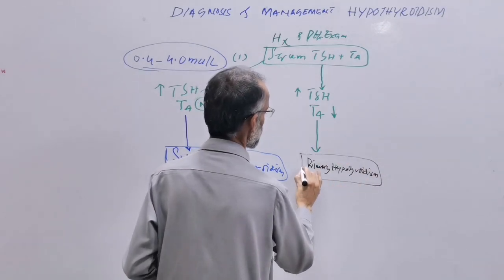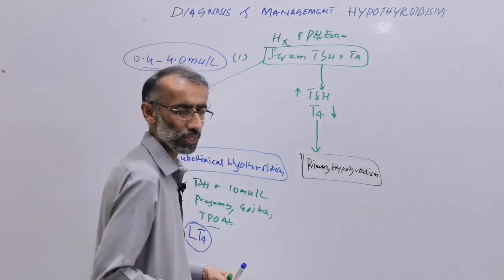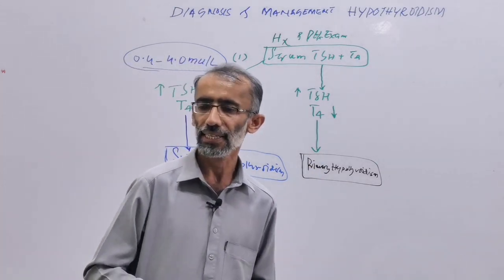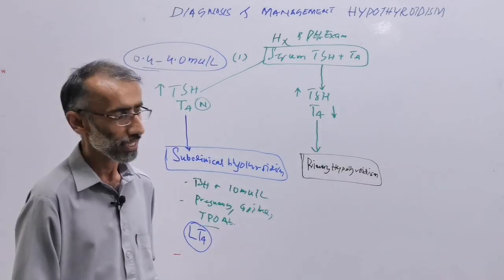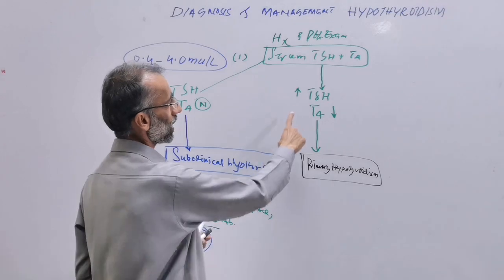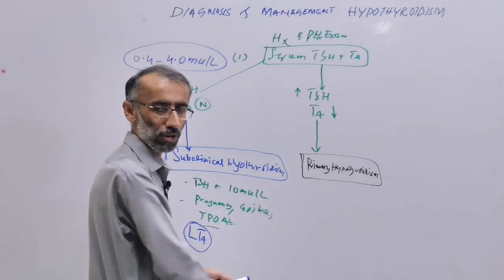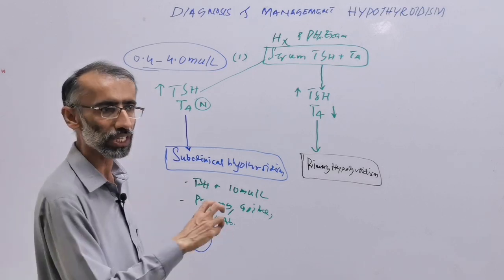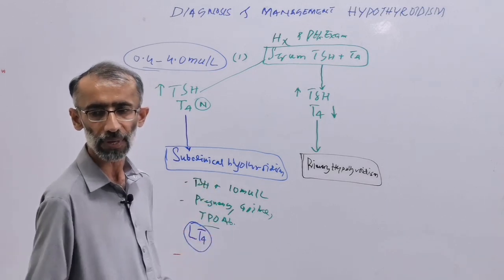Primary hypothyroidism is due to intrinsic disease of the thyroid gland itself. It is characterized by elevated TSH and low T4.